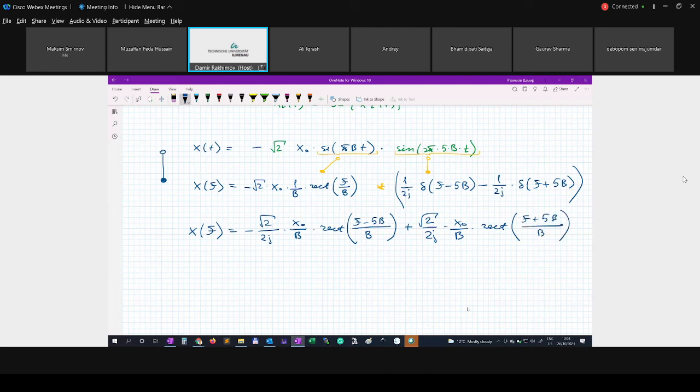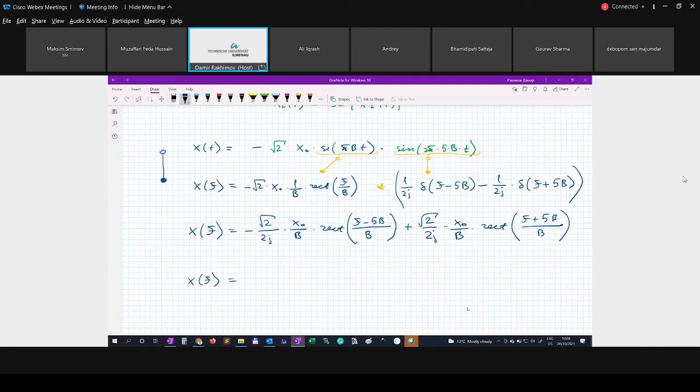To make it nicer, we can multiply and divide both parts by j in order to be consistent. This is how we change sign.